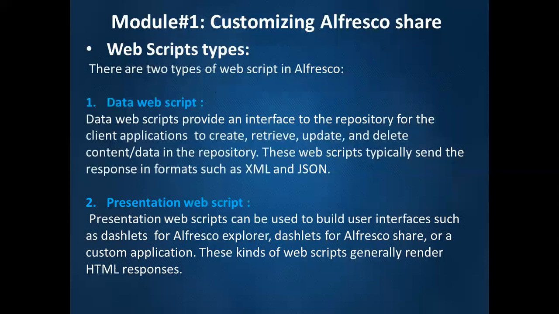Today in our example we will use both types. We will use a presentation web script to display a dashlet, and inside that dashlet we will use a data web script for retrieving the data and displaying it in the dashlet that we created just now.